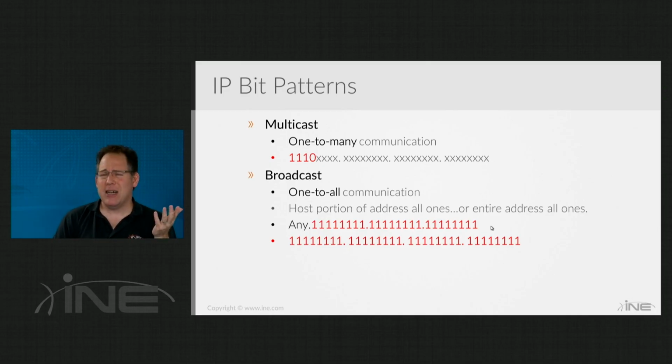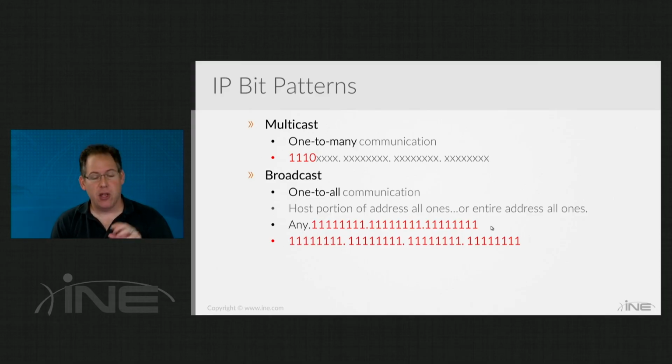Vast majority of the time, I'd say probably 90% of the time, when a laptop or a host, any host, needs to create a broadcast, it will choose the second option there. It'll create a broadcast where the destination IP address is just 32 bits of all ones. And if we convert that into dotted decimal, that would be 255.255.255.255.